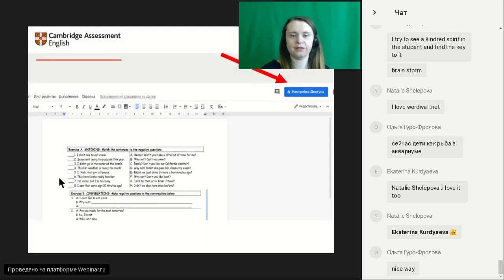I have the document which we are going to use, so it's a Google Doc, the document which we are going to use at the lesson, the task, and to share this task with my students, or with you students, you have here a special button where you need to set the access to your students.